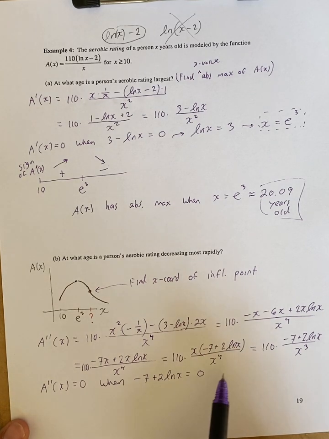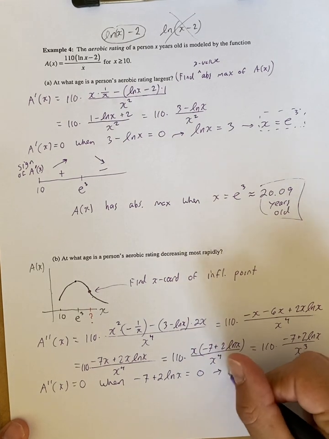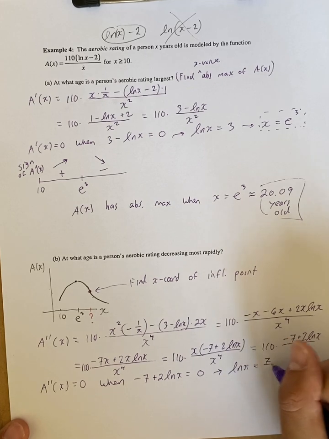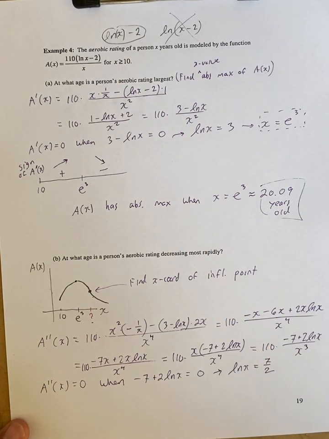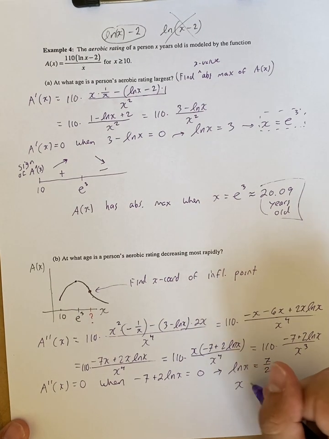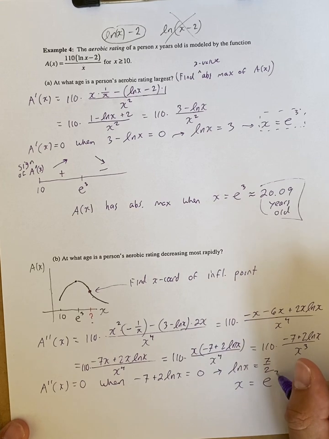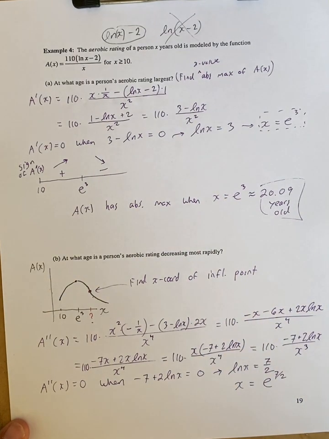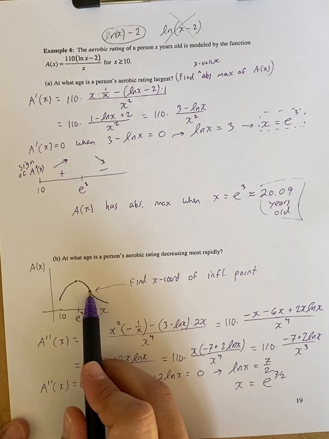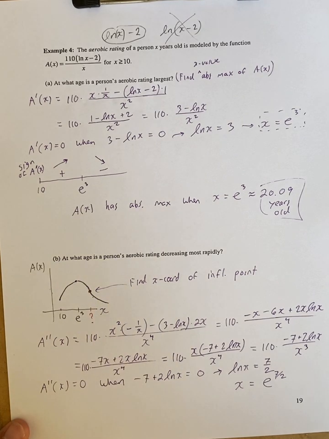Add 7 to both sides, and then divide by 2. I'll get ln x equals 7 over 2. And then to solve for x, we're just exponentiating both sides base e. e to the ln x is x, and I get e to the 7 over 2. So that is the coordinate of that key point, which is the answer to this question.